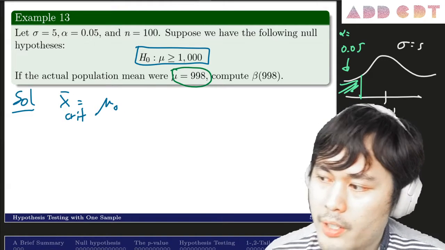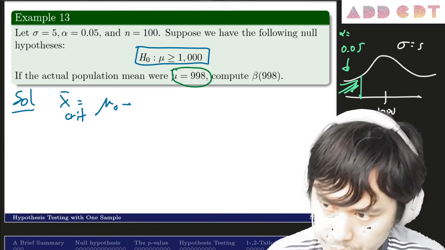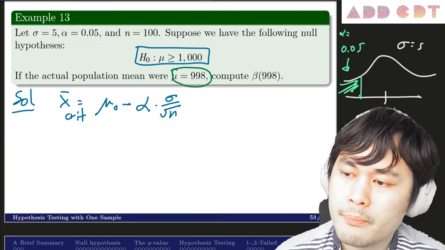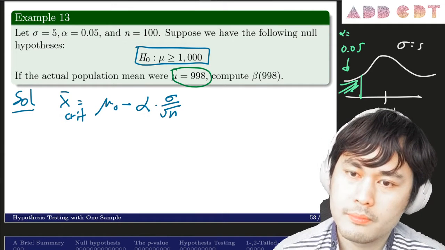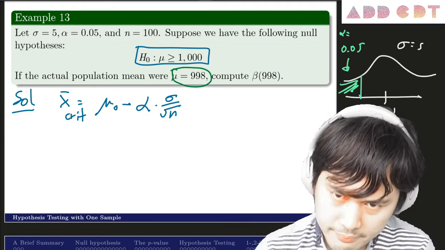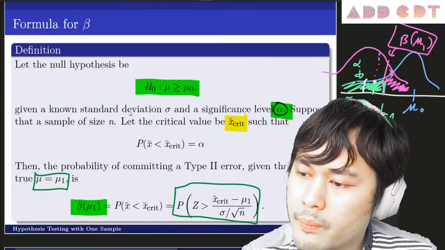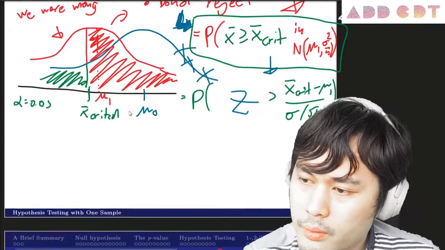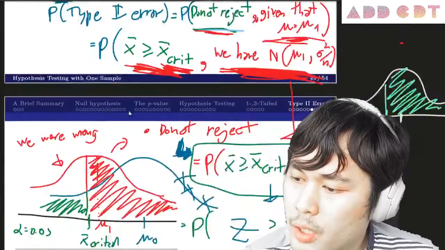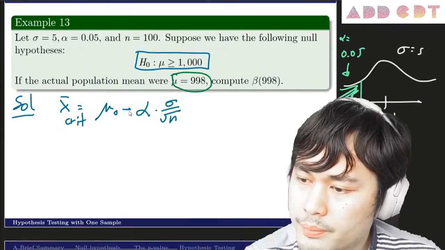So we start from mu0 and go to the left by z0 times sigma divided by square root of n. Sorry, I said it wrong. That was z0.